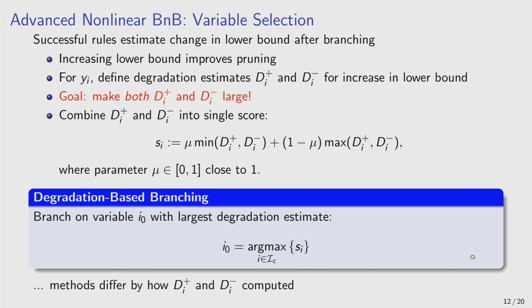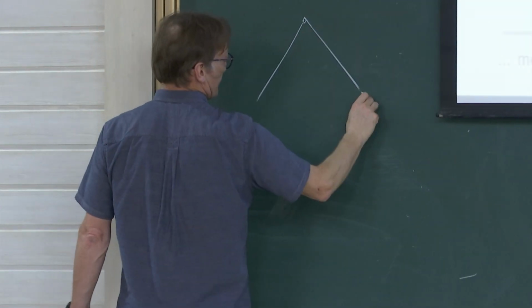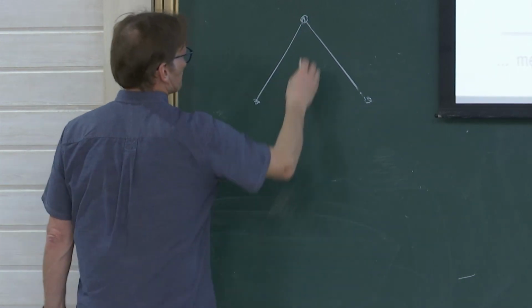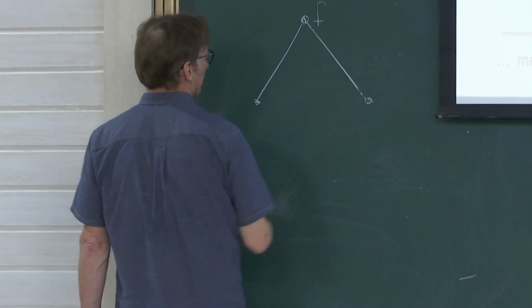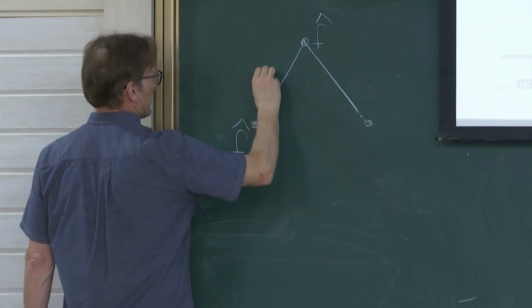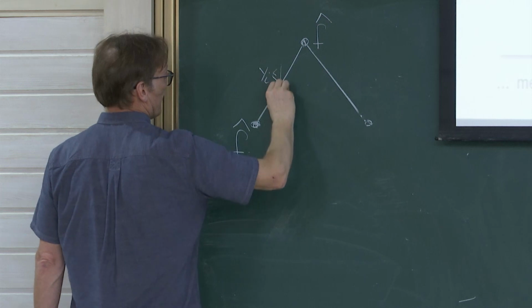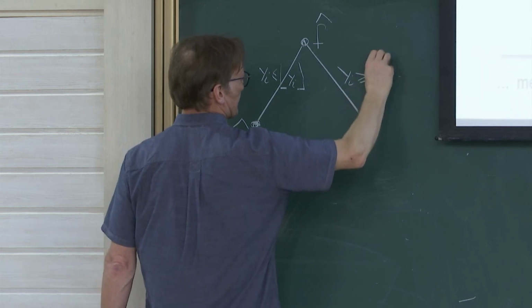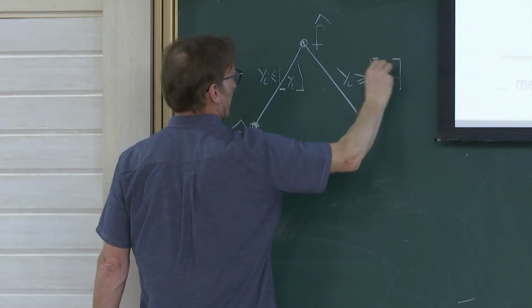So what you can do is you can actually look at getting degradation estimates. So when you are making a branching decision, you have an objective value here, which I call f hat, and then after you branched, you would have a new value here, if you branched on yi less than or equal to the floor of yi hat, and here yi greater or equal to the ceiling of yi hat.